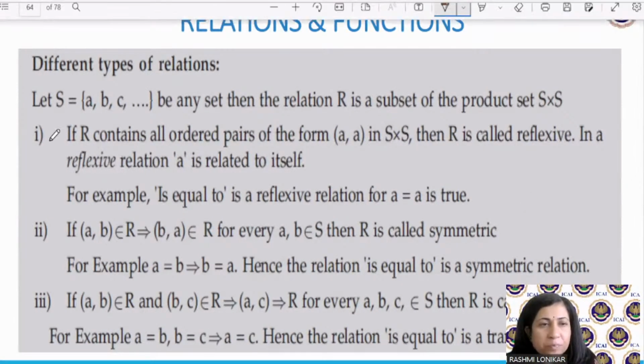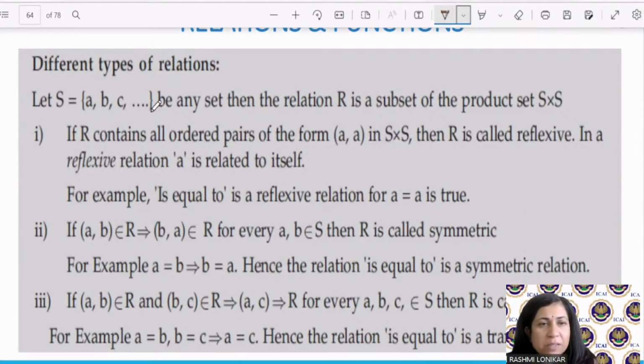So I have a set S = {A, B, C, D, E}, and R is a subset of the product set S cross S. So R contains all ordered pairs of the form (A, A). Now let us see.